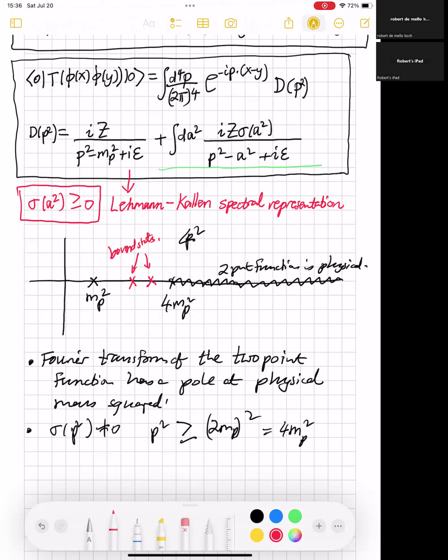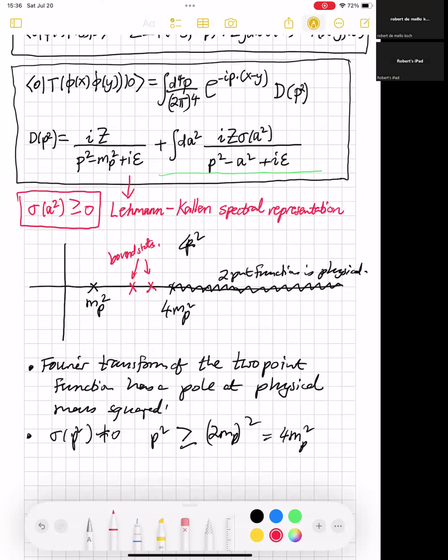So let me now make an exact statement about the Fourier transform of the two-point function. It'll have a pole at the physical mass squared. It'll have additional poles at the mass squared of any bound states in the theory. And then starting from 4m_p squared, there is a cut.